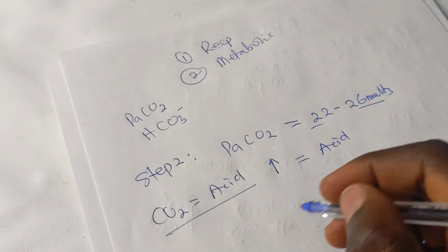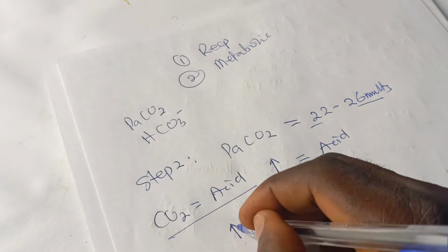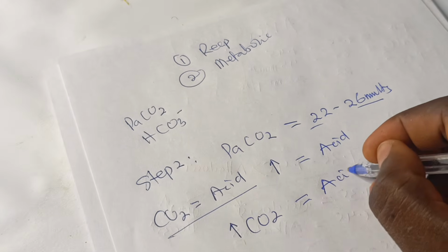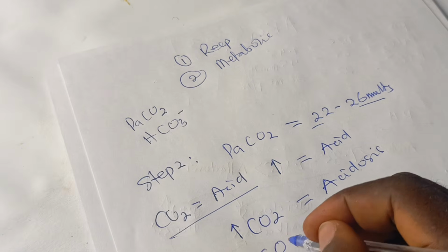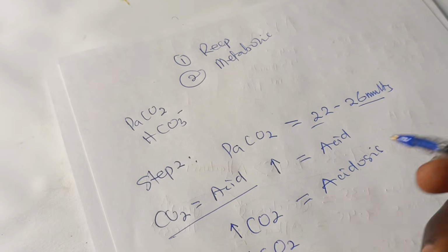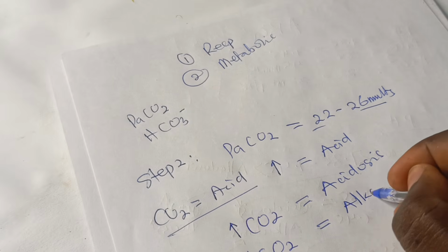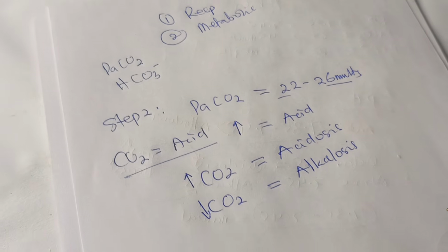Therefore, if CO2 is high, it means the patient has acidosis. Vice versa, if it is low, the patient has what? Alkalosis. Okay, now let's look at it.